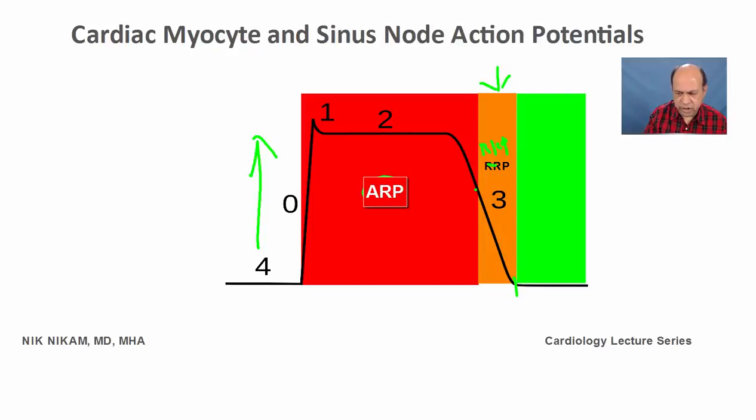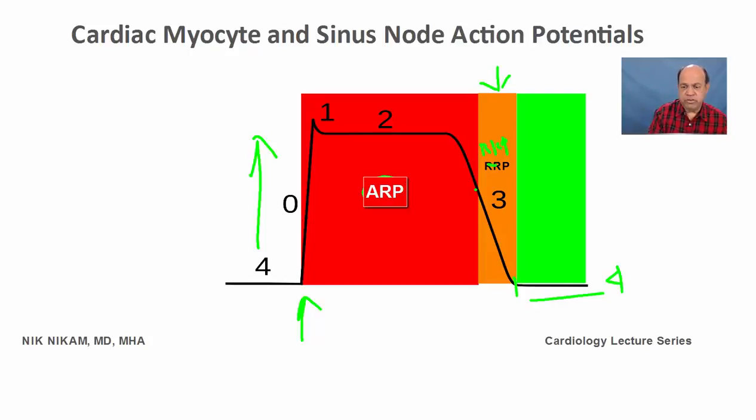At the end of phase 3 and on phase 4, that is the excitation period, where any type of impulse, even if it is minor, can initiate an action potential, which is the one depicted here. So that is something we need to be very familiar with.